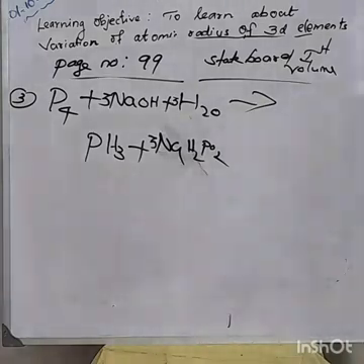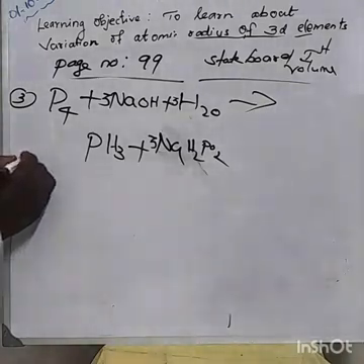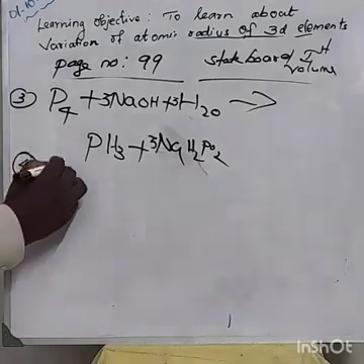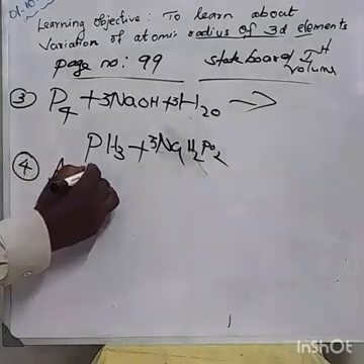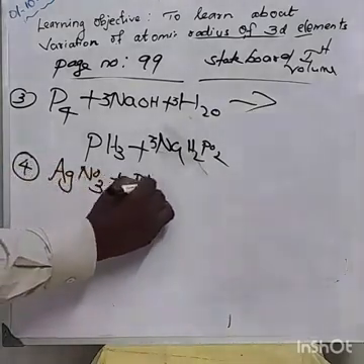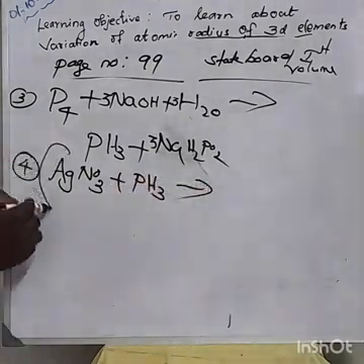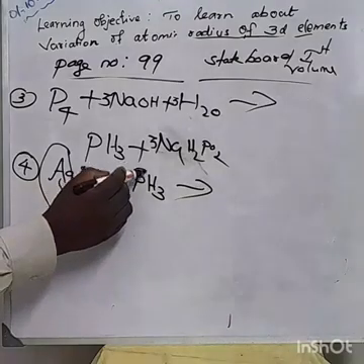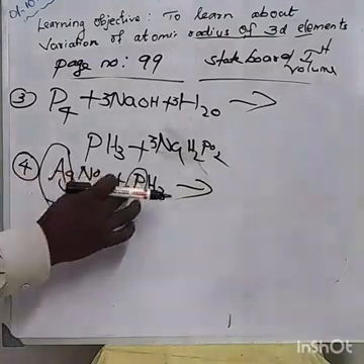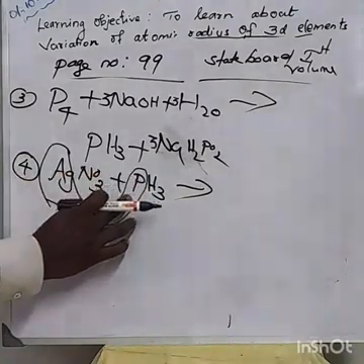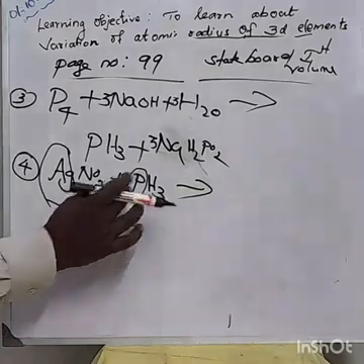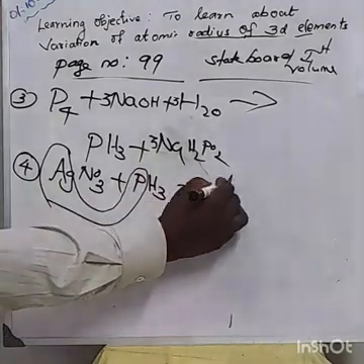Next one, the fourth one. Silver nitrate, AgNO3, reacts with PH3. What's the product? This Ag combines with P to form silver phosphide. Formula? Ag3P.